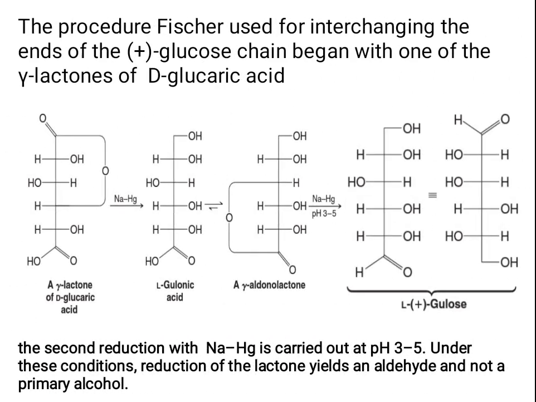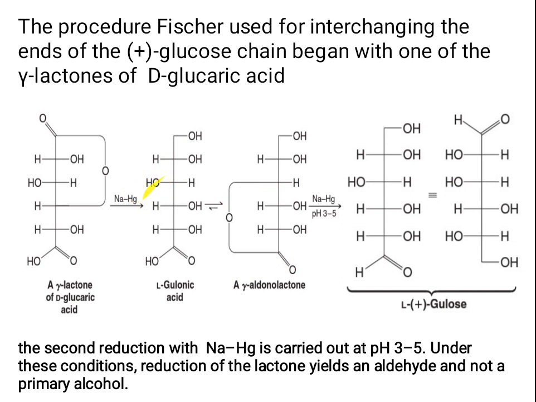The procedure Fischer used for interchanging the ends of the glucose chain began with one of the gamma lactones of D-glucaric acid. So at first he took this gamma lactone. Then he reduced it with sodium amalgam. So this is becoming the CH2OH, and then this is again forming a gamma aldonolactone.